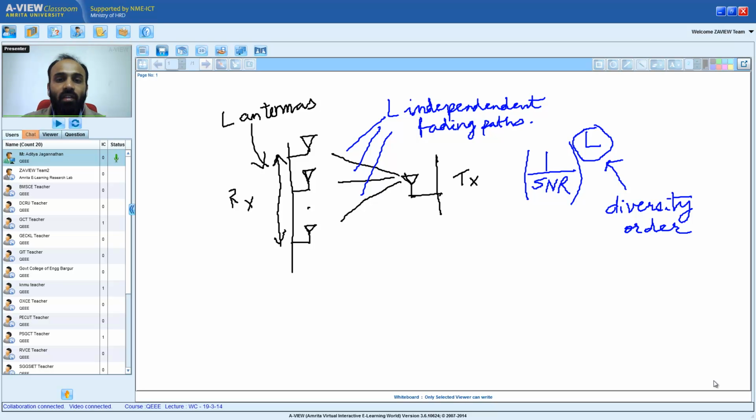As a result of these L independent fading paths, the probability that the wireless communication is in a deep fade is significantly reduced.